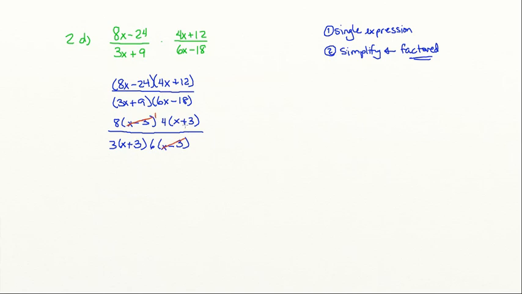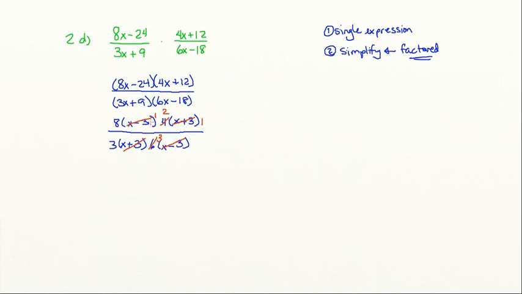X plus 3 divided by x plus 3 equals 1. 4 and 6, those are both even numbers. I'm going to divide both of them by 2. So 4 divided by 2 is 2. 6 divided by 2 is 3. I think that's all I can reduce right now.